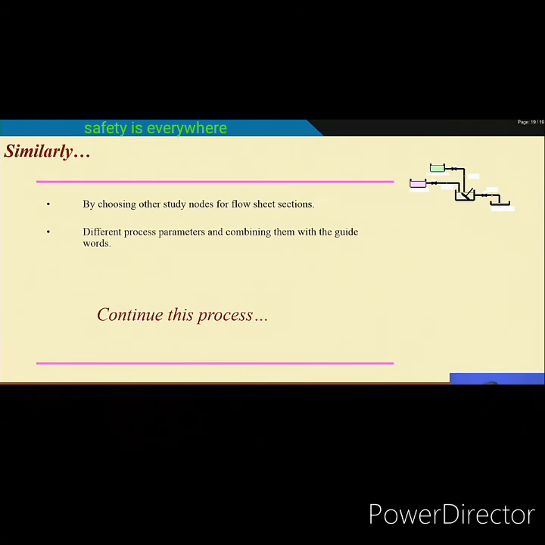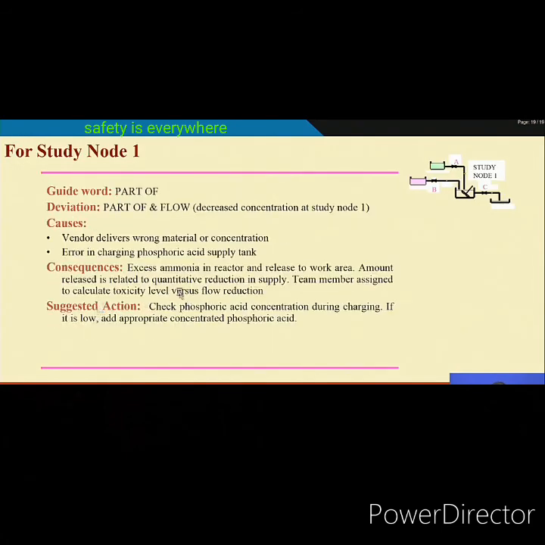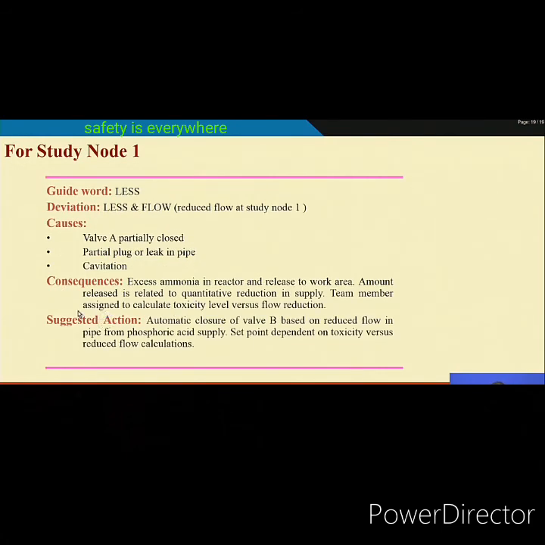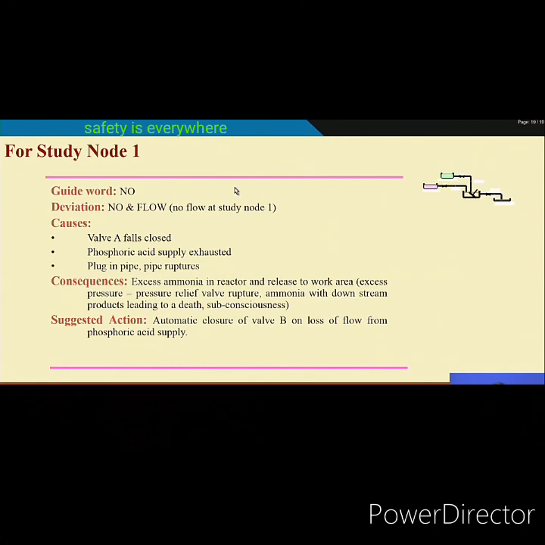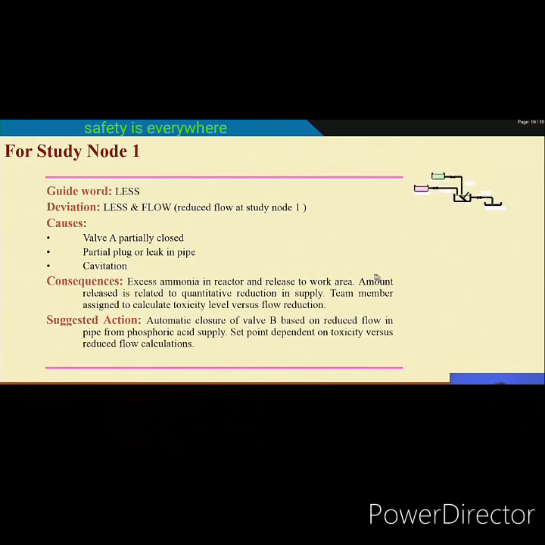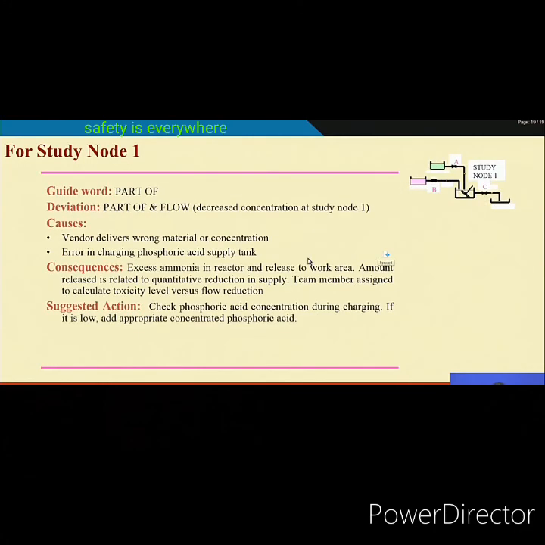Okay. So let me go a little back again, just to recall. You just see phosphoric acid and ammonia are mixed, keep in mind, not sulfuric acid, phosphoric acid and ammonia are mixed, and then that fertilizer is produced.